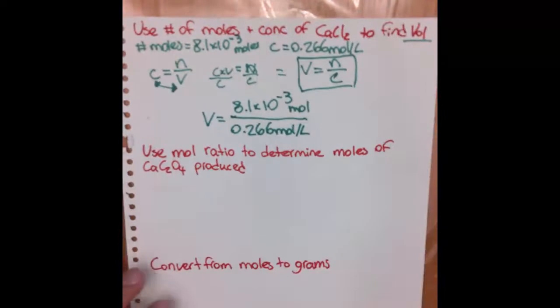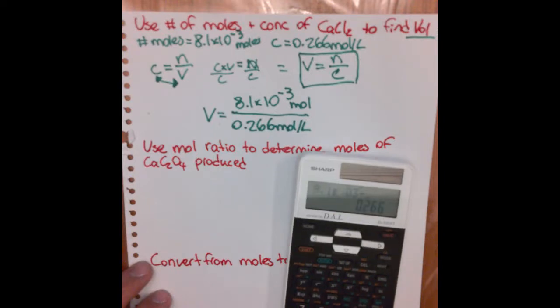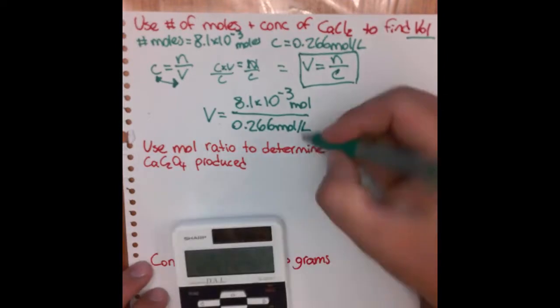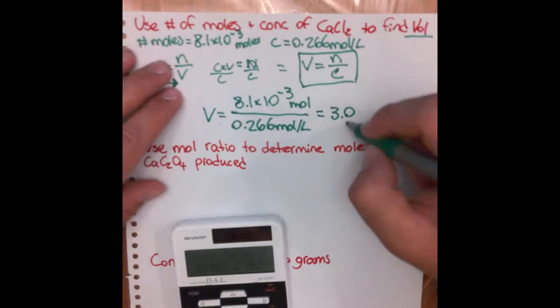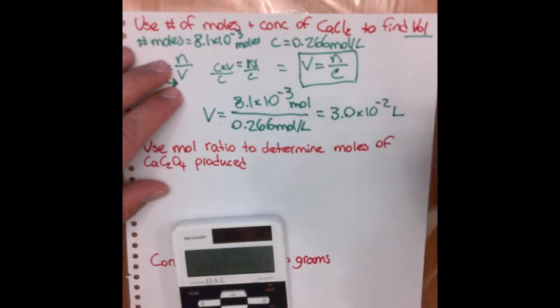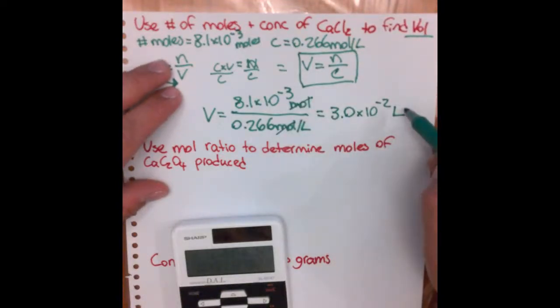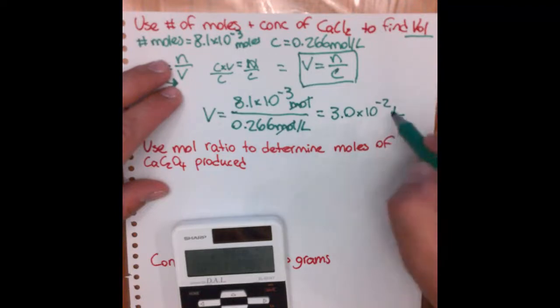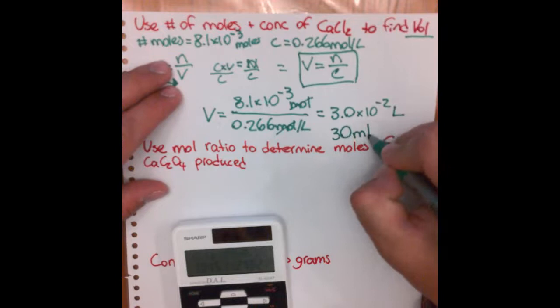Once I do that calculation, 8.1 times 10 to the negative 3 divided by 0.266 moles per liter, it is going to give me 3.0 times 10 to the negative 2 liters. Remember, our moles are going to cancel out here, and we are left with liters. If we wanted to convert that to milliliters, that is just 30 milliliters.